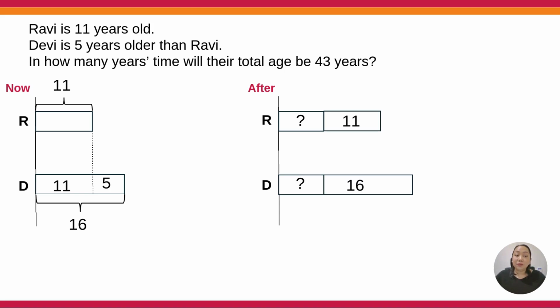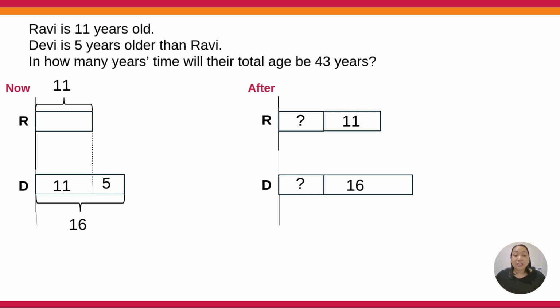Since those bars that we have drawn earlier that are marked with the question mark represent only the number of years that have passed, we still need to include their current ages in the after model. So I put there a box labeled 11 for Ravi, and then a longer one, that's labeled 16 for Devi.